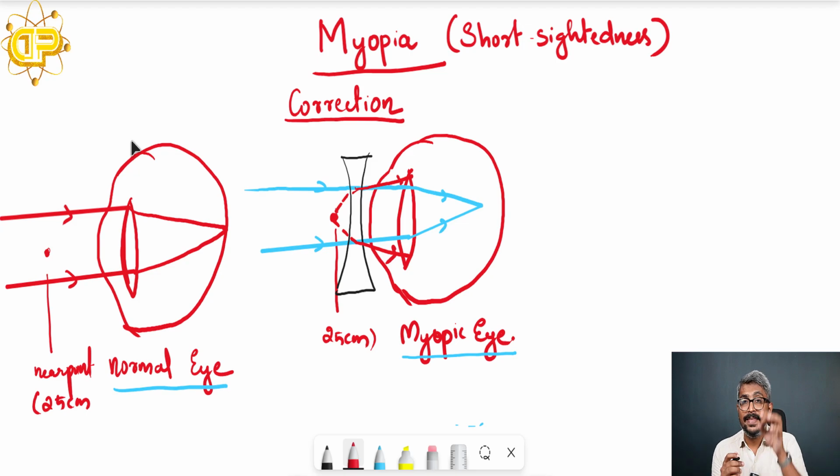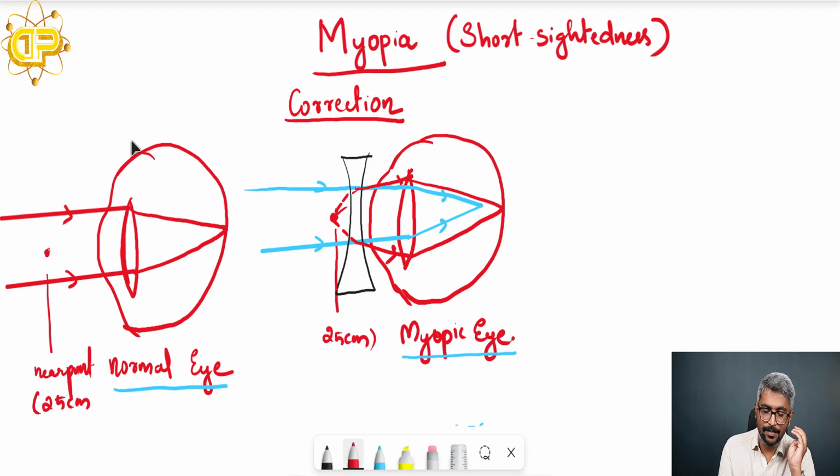That means the image of the actual object, which is kept at infinity, is falling at your near point. You can easily see the near point, and then your eyes can easily see the object as it falls on the retina.